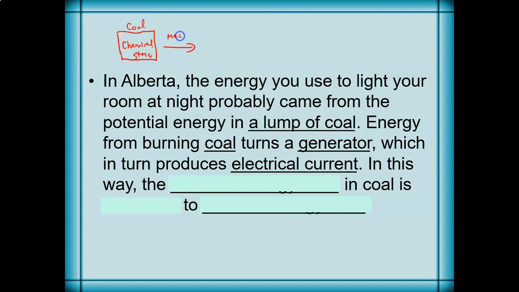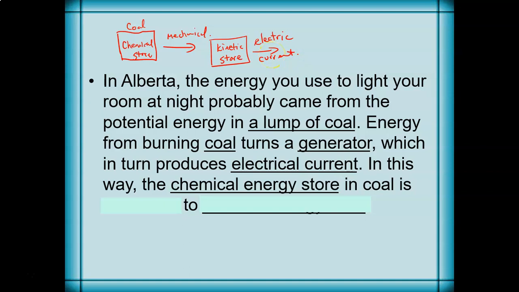It's going to use a mechanical force to turn a generator, which is a kinetic store, which is then going to release an electric current pathway. Right, in this way, the chemical energy store in coal is converted to a kinetic energy store.